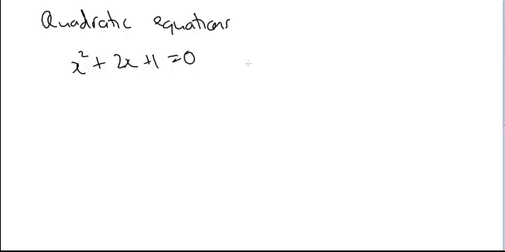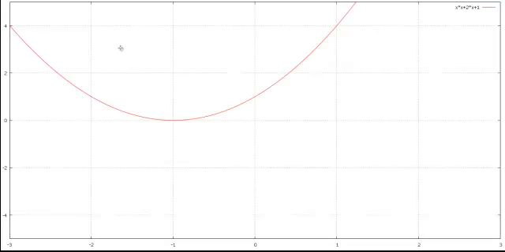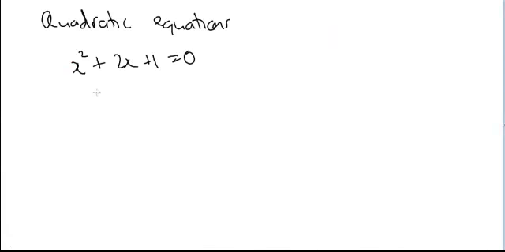Now, the graphical way to do that is to just plot it and see where it crosses the x-axis. So here we've plotted x squared plus 2x plus 1, and we see that it touches it at about x is equal to minus 1. That just means if you have (x plus 1) squared, that's equal to 0 when x is equal to minus 1.